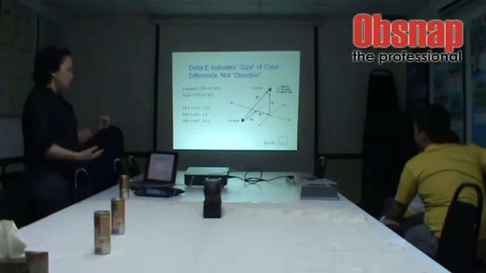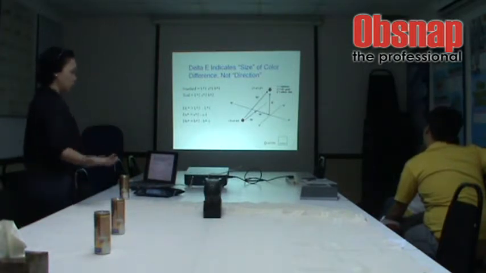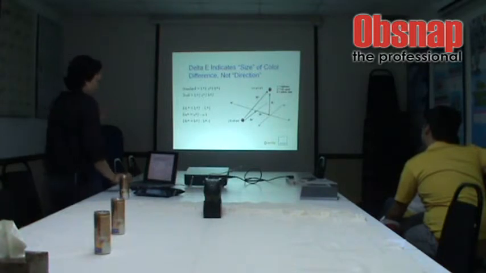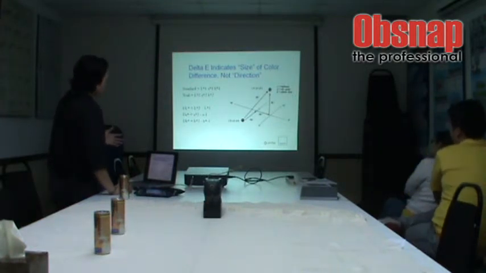Unlike before, it's just guessing. I said my color is red, but how red is red? How blue is blue? So this is one way of telling you exactly where your sample is against your standard. And then we need one number to determine the direct distance between the sample and the standard.